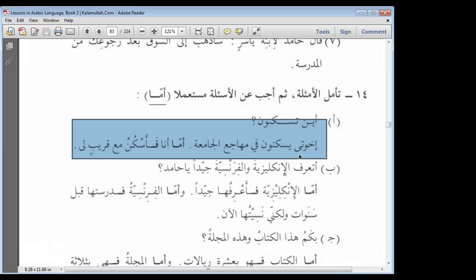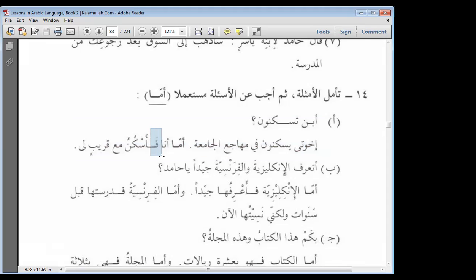Amma ana fa-askunu ma'a qaribin li. As for me, I reside with a relative of mine. So we use amma. Now notice here when we have the word amma, we have to use the fa together with it.